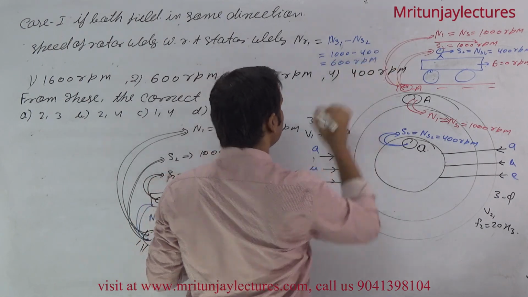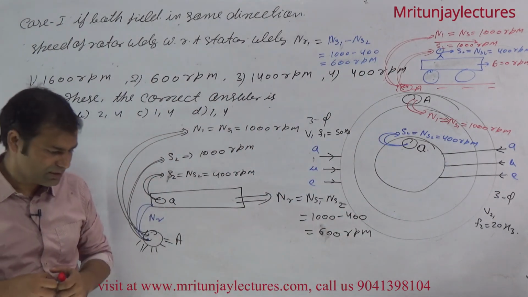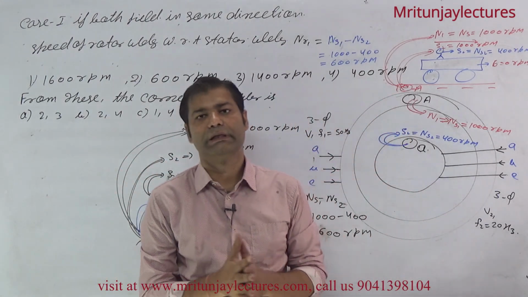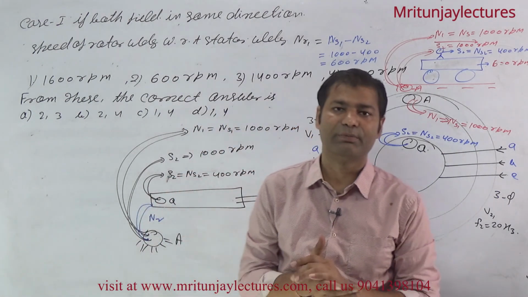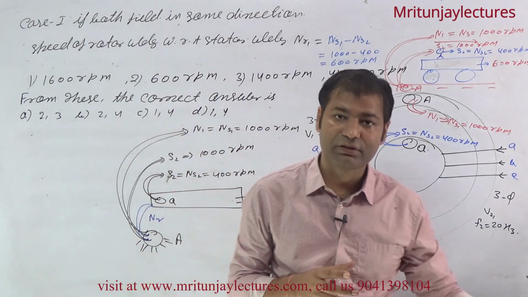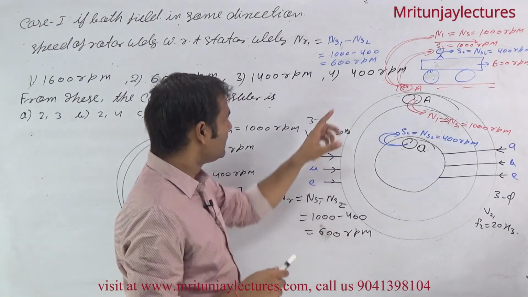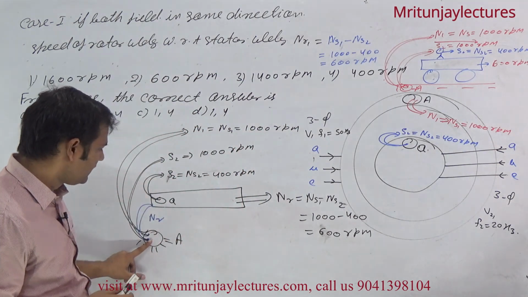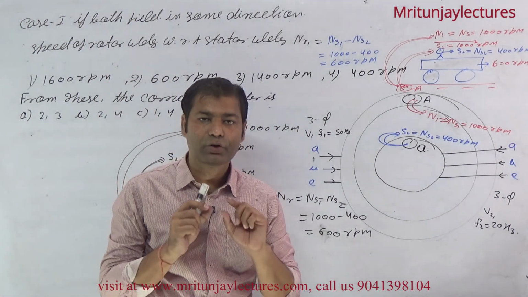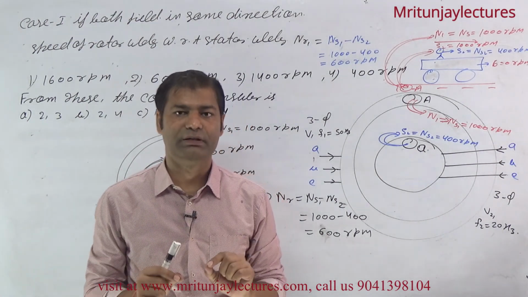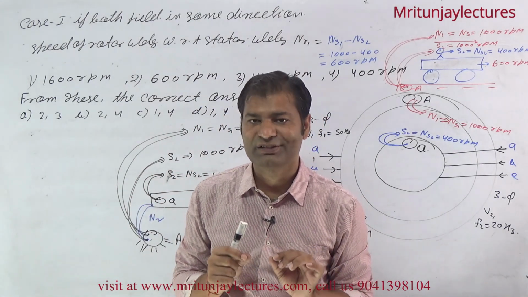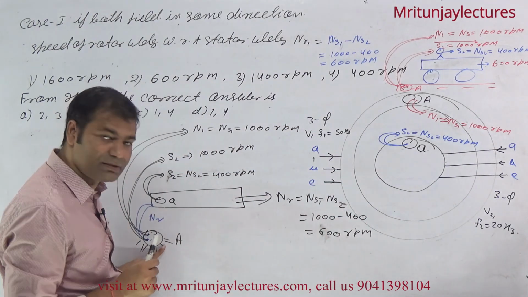Clear? This is only possible if NR, the rotor winding, rotates with respect to the rotor structure at 600 rpm in the direction of the stator field. If you sit on the stator, then both the stator field and rotor field are stationary with respect to the stator winding.